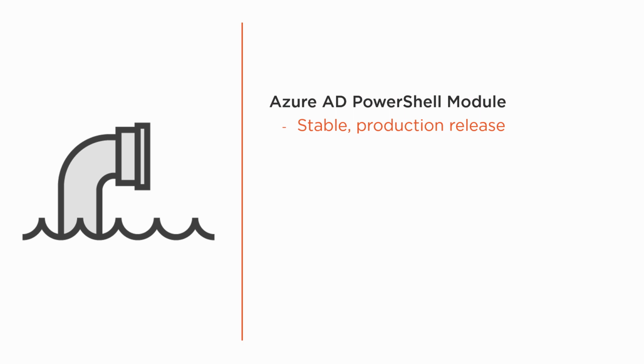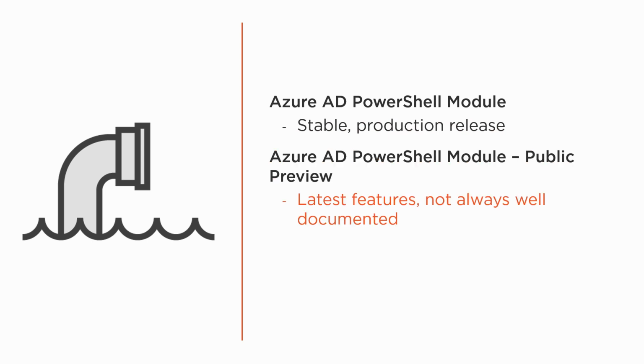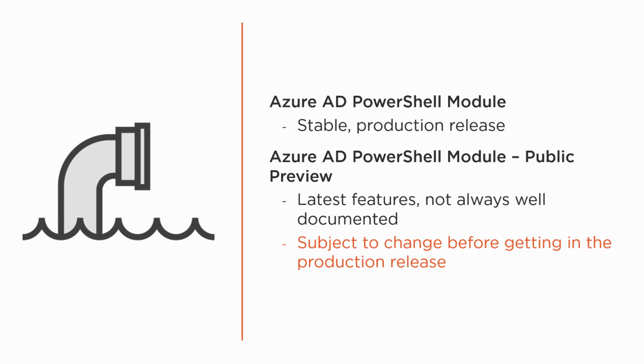You have the one that we have looked at, which is the stable production release, and there's also another one which is the public preview, which includes really the latest features which are not always stable or, almost rarely, well documented, and it's subject to change before getting in the production release.